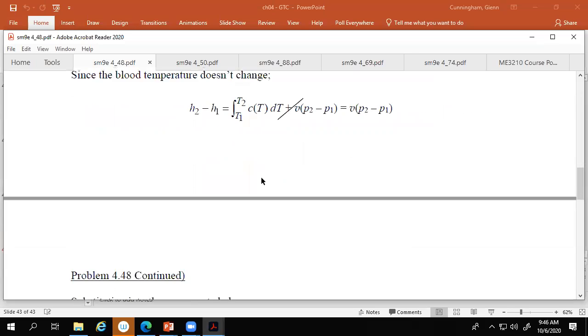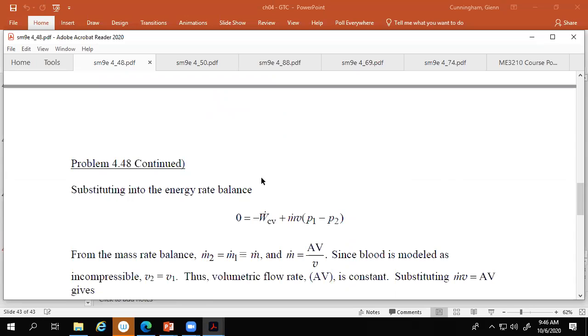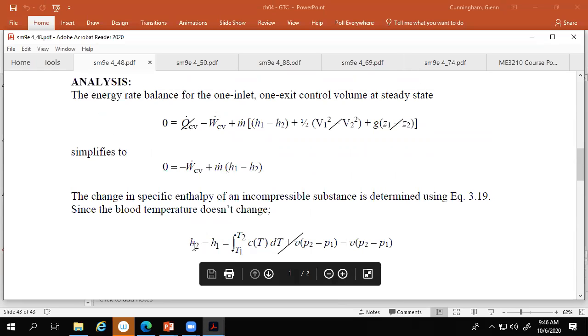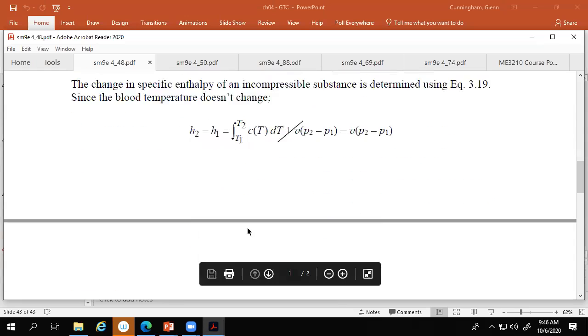He's going to make that simplification right here. Notice that over here in the equation it's H1 minus H2, and over here it's H2 minus H1, so we've got a sign difference between what we need and what we got.